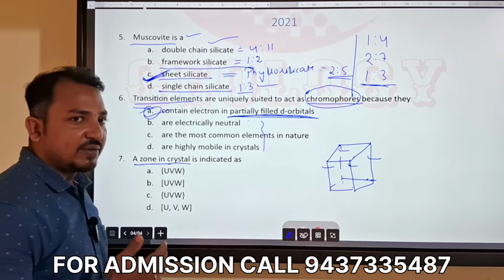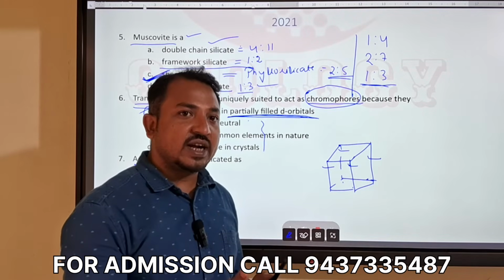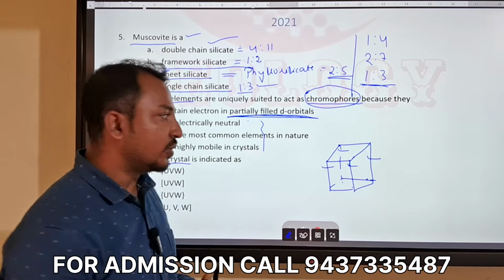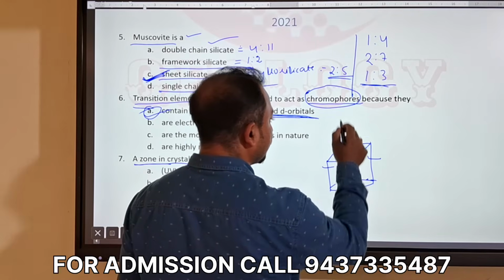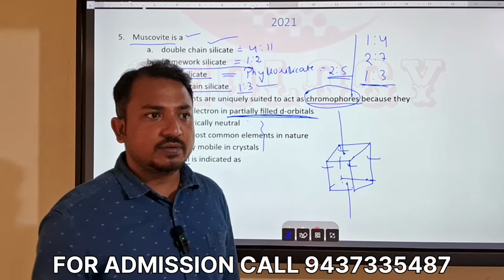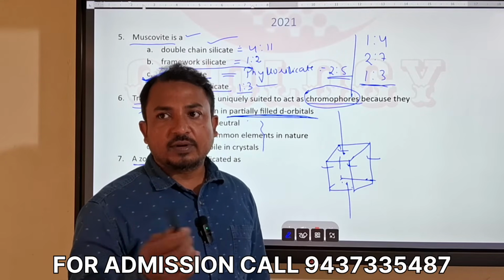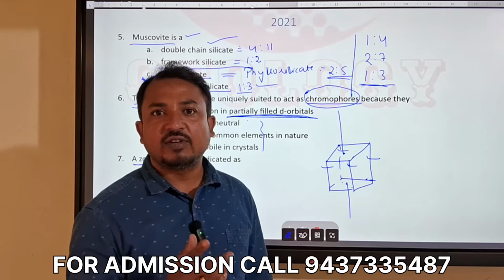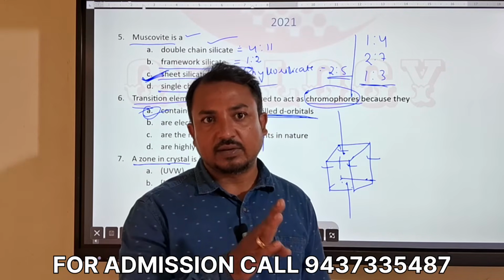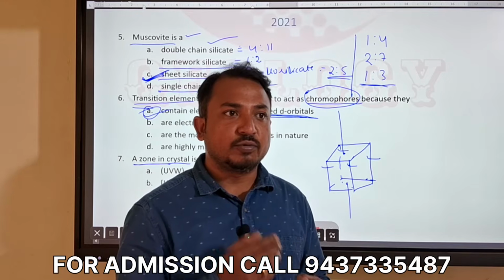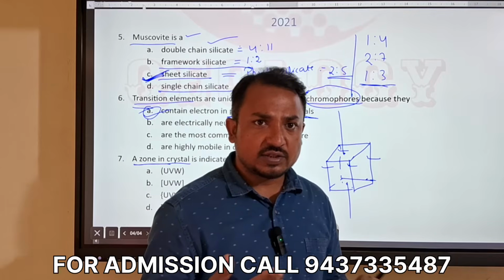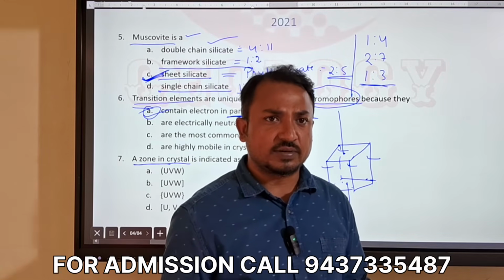A zone is basically defined by a zone axis which passes through the center of the crystal and is parallel to all faces in the zone. So suppose this will be a zone axis. Think of the walls of your room, all the four vertical walls, they are in a zone because all the edges you consider in your room, you can take two edges, three edges or four edges, all will be parallel to each other.